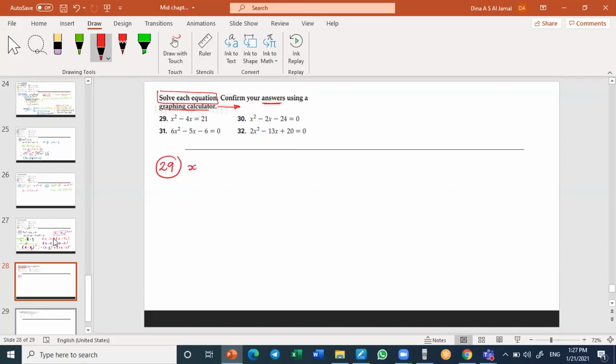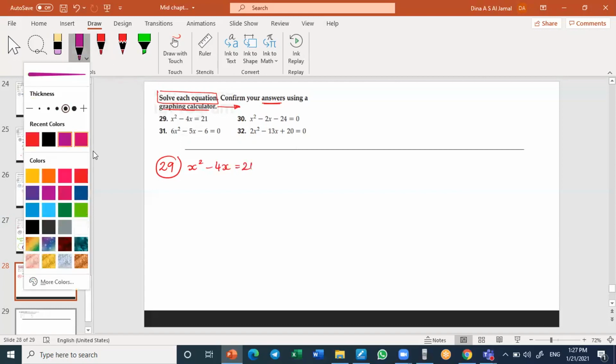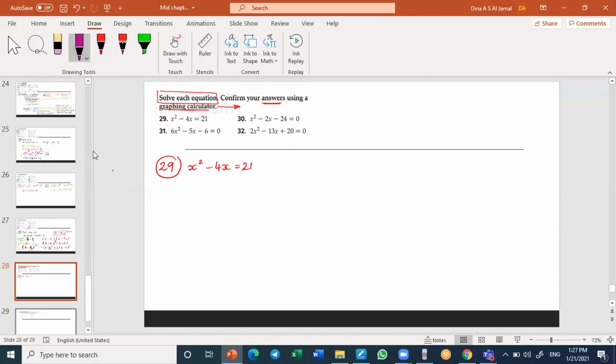You are having x squared minus 4x equal to 21. First of all, whenever you have a trinomial to the power of 2, it is a quadratic equation. So you need to move the 21 to the other side by subtracting 21 from both sides. So it will be x squared minus 4x minus 21 equal to 0.